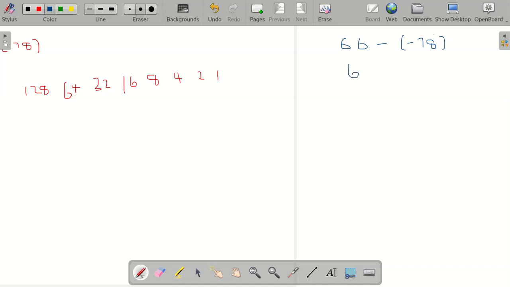So it will be 66 plus, and that sign after this main sign also changes. Because this is a negative, it will become a positive 78. So this is the same as 66 plus 78 in simpler terms.